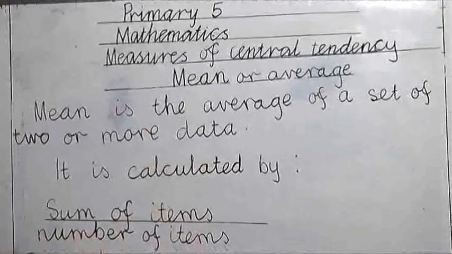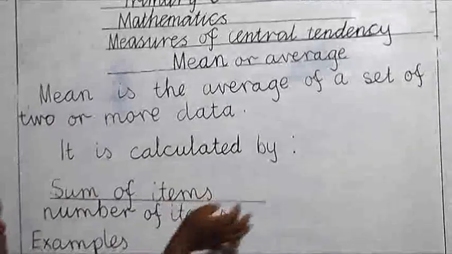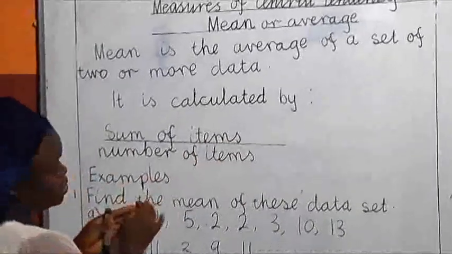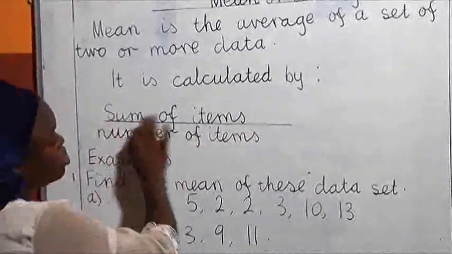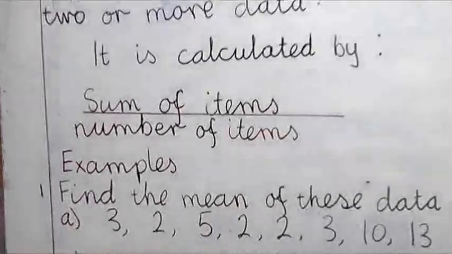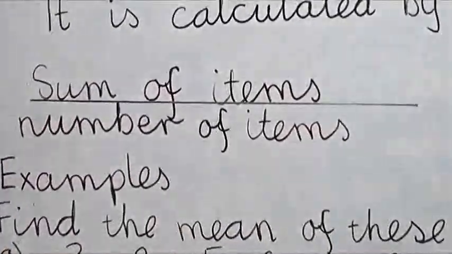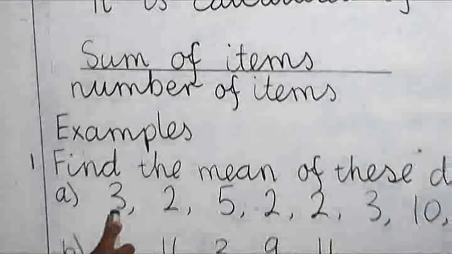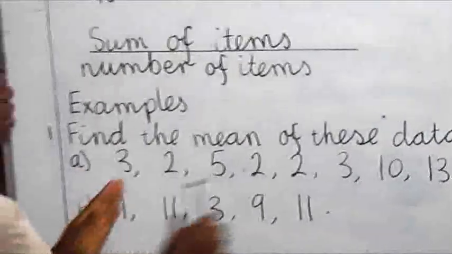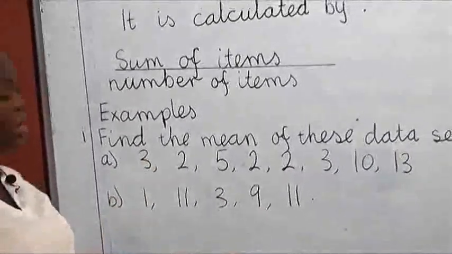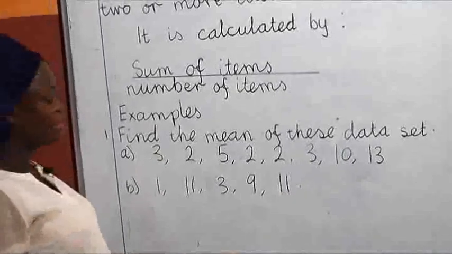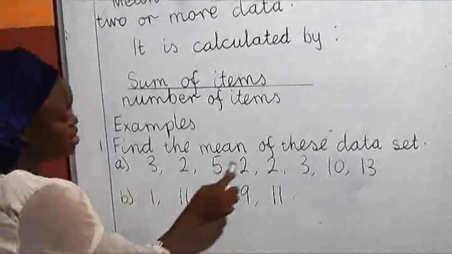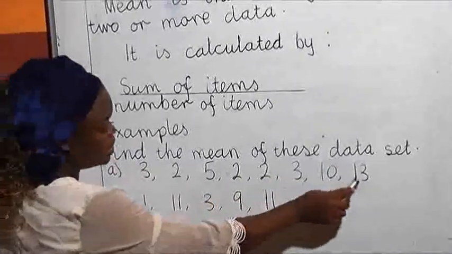We calculate mean by using this simple method, and that is sum of items. I've told you what item means. Like from my example that we have on the board, each of these numbers, now that it is a set, you don't call them numbers again. They become what? Items. 3, 2, 5, 2, 2, 3, 10, 13.